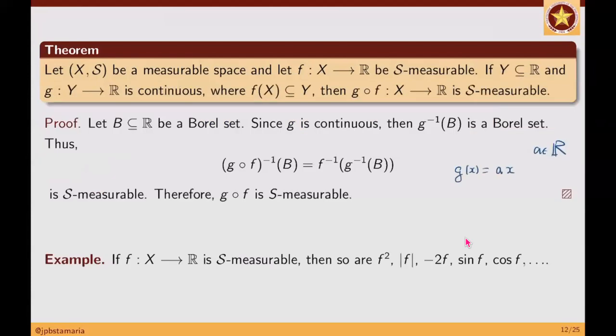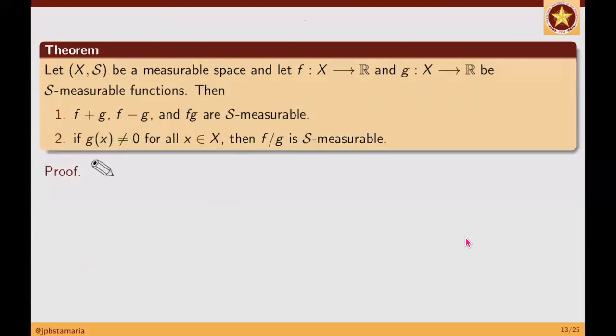Pag nakakakita kayo sa math ng y equals f of x, ito yung problema, notational. Tinatawag na function yung f of x. In reality, yung f of x is not the function. It's the image of the function. F is just the name of the function.